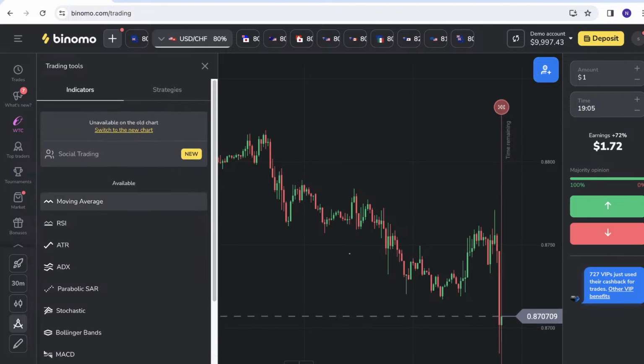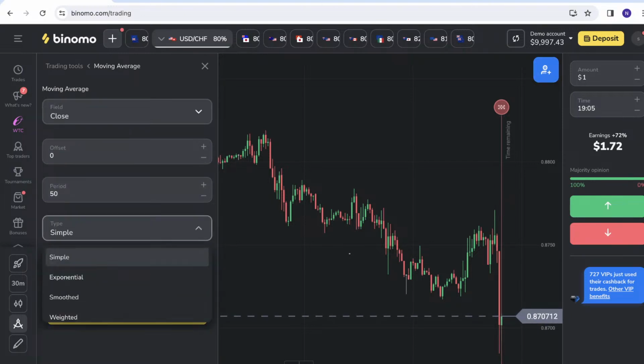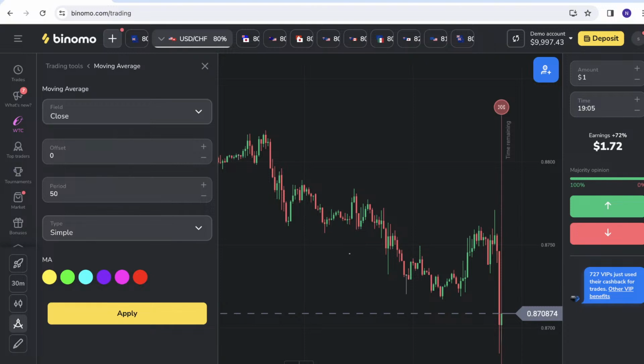From these indicators we will choose moving average, and we will leave it as simple moving average. If I click here, I can see that there are many types of moving average: exponential, smoothed, weighted, but today we need simple moving average. We will talk about periods a little bit later.